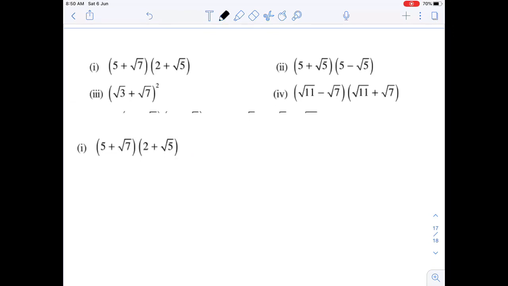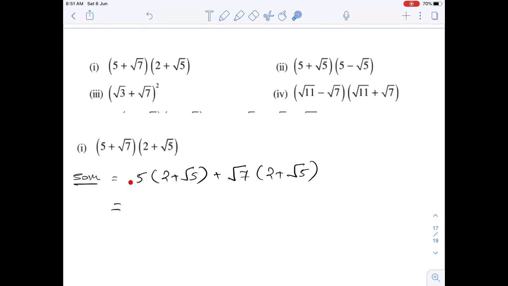What is our rule? We write the first number multiplying with this full bracket, so you get 5(2 + √5). Then we write the second number multiplying with this full bracket, so you get plus √7(2 + √5). The number before the bracket multiplies each term inside the bracket.